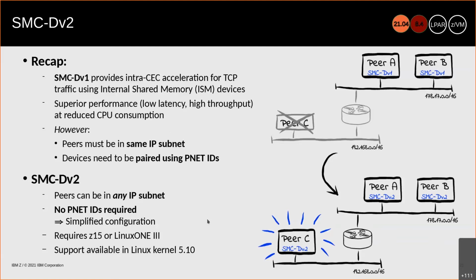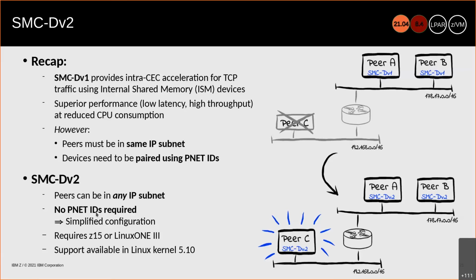The other thing is that we improved the configuration. Previously you had to mess around with so-called PNet IDs. I'm not even going to reiterate what exactly that meant, but if you have configured SMCD version 1, you had to assign these PNet IDs to certain interfaces and devices and make sure they match and everything. But with SMCD version 2, that's no longer the case.